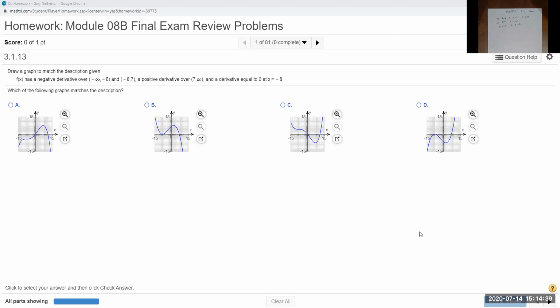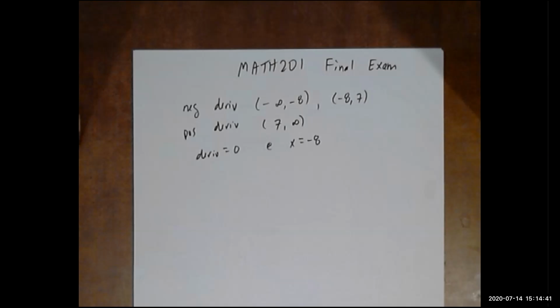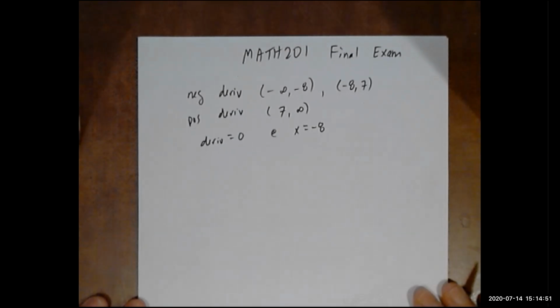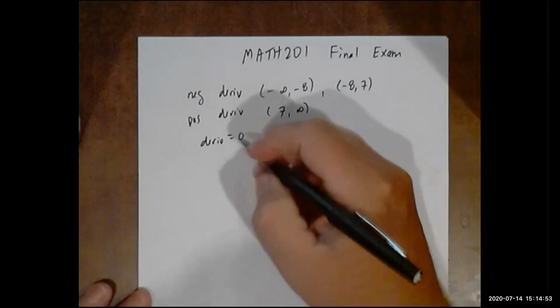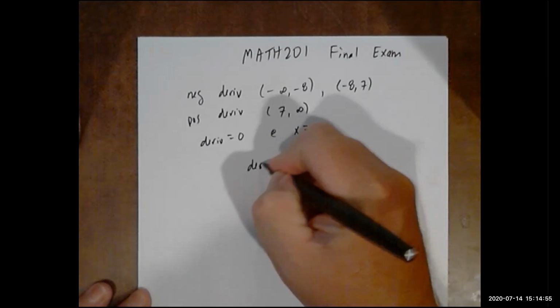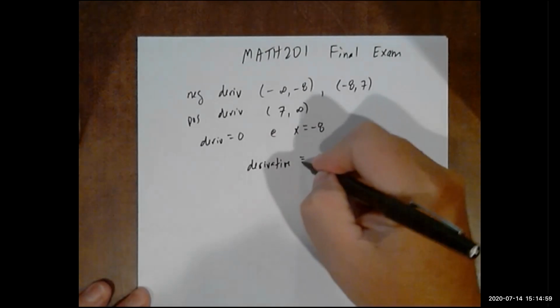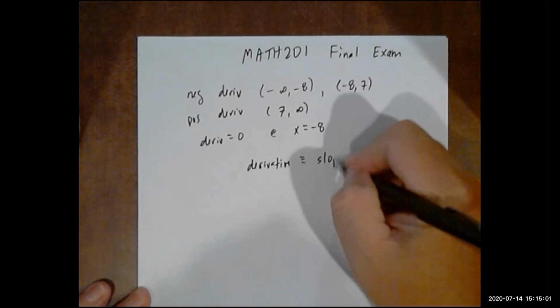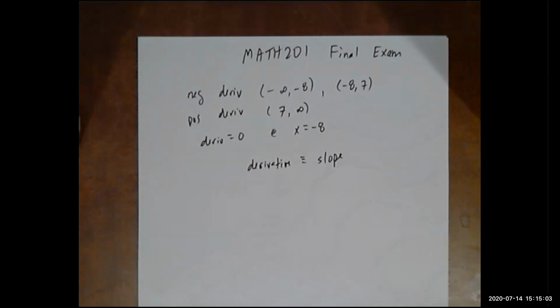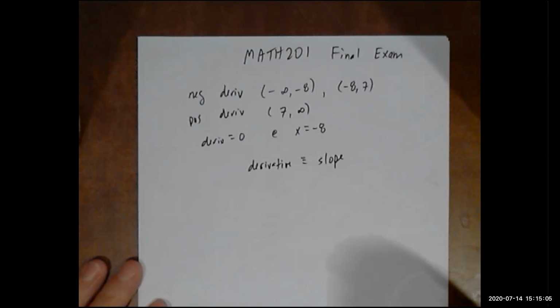So let me talk about this. Let's sort of try and sketch out a graph of what's going on here, and then we'll see if we can determine which answer is correct. When I think about derivatives, derivatives mean the same thing as slope. Some of you learned about graphing with a slope.